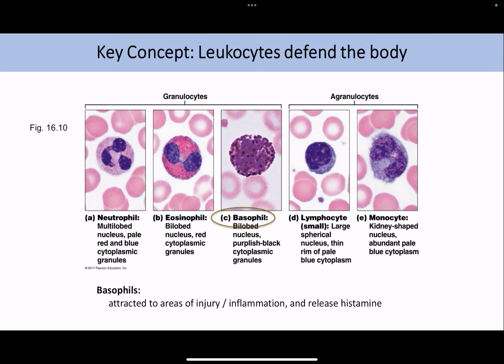So next is a basophil. Again, also bilobed. It's going to have purplish granules. It's also attracted to areas of injury and inflammation, but its job in the inflammatory response is to release histamine. And histamine is what makes your capillaries leaky and more permeable.